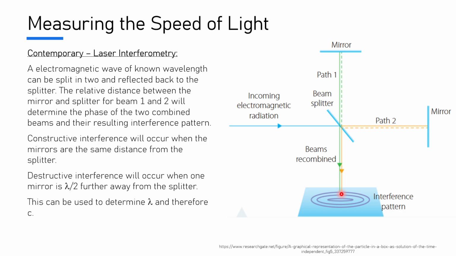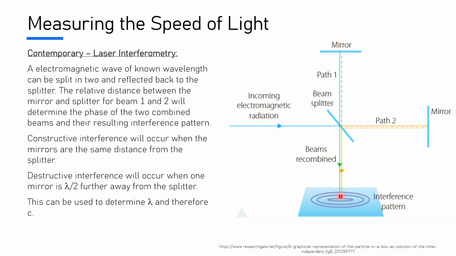However, if you were to shift one of these mirrors by wavelength divided by 2, let's say we move this mirror half a wavelength further back, when these waves come back in, because they've had to travel that further distance, they're now going to be out of phase with the beams that are coming from path 1.